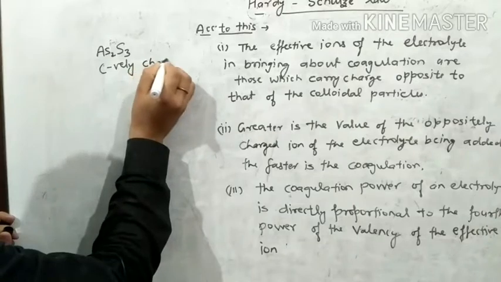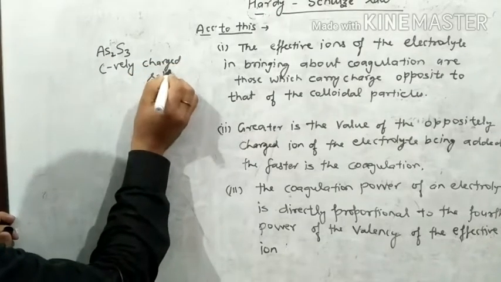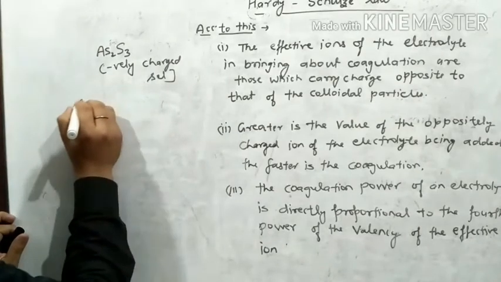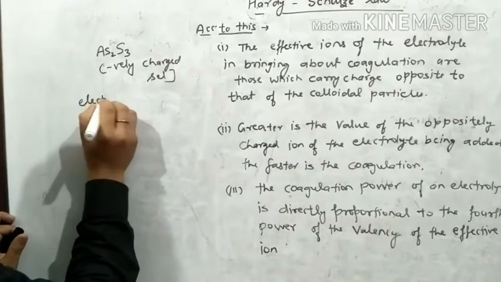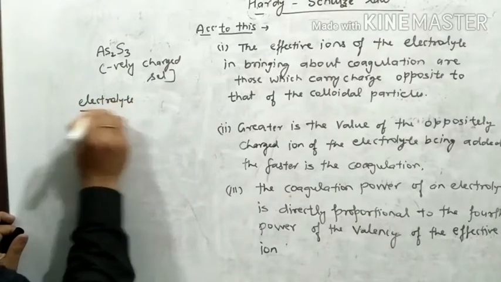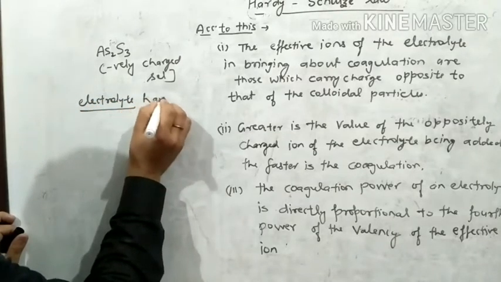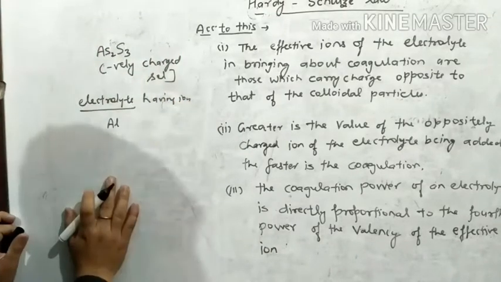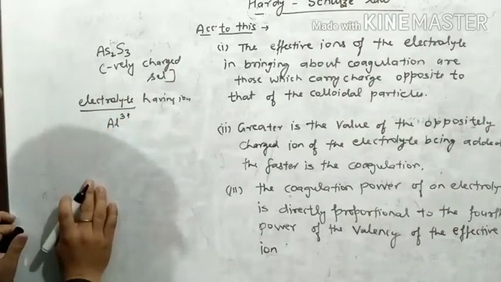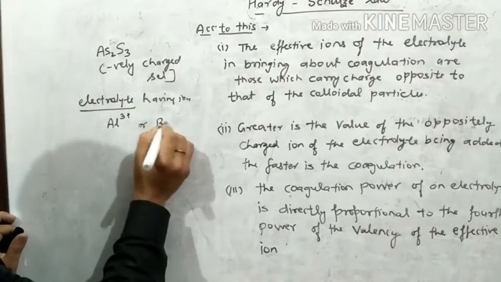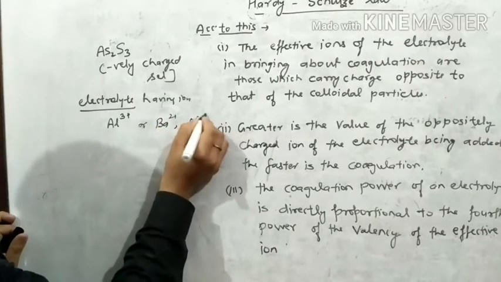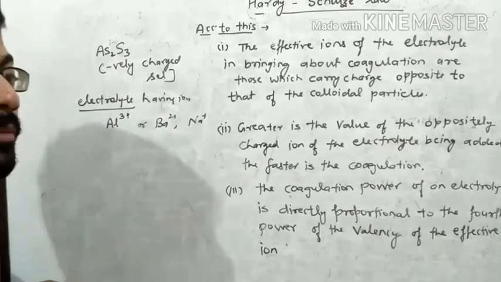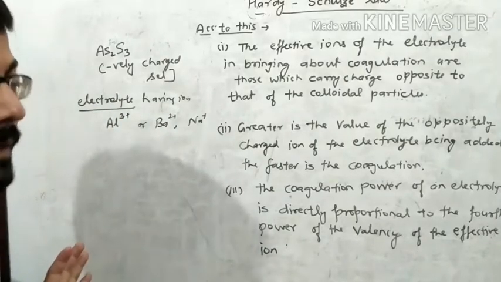For coagulation of this salt, we add electrolyte having ion opposite. क्योंकि ये निगेटिवली चार्ज है, we add aluminium 3 plus or barium 2 plus or sodium, and we add the positively charged electrolyte, right?